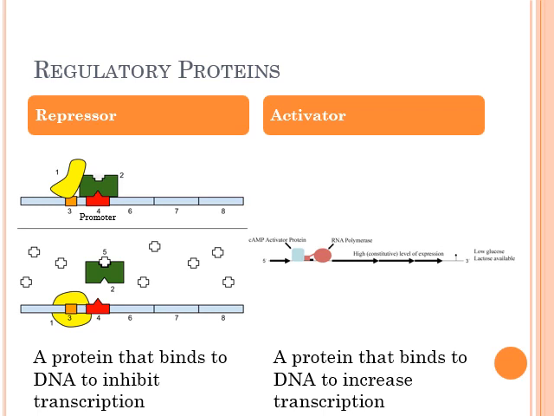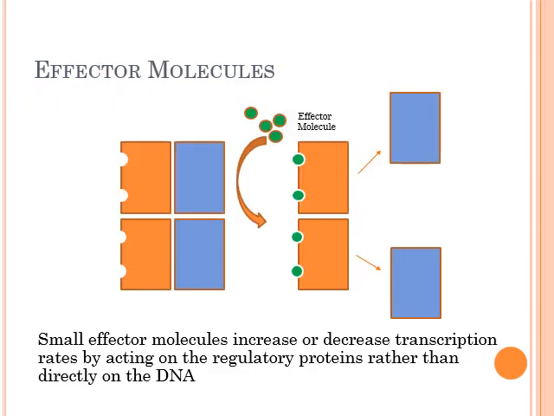So you've got a repressor that slows down transcription because it prevents the polymerase from binding. And you've got an activator that speeds up transcription by helping a polymerase bind. Interacting with these are what are known as small effector molecules. They're going to speed things up or slow things down by acting on the molecules that act on the DNA.